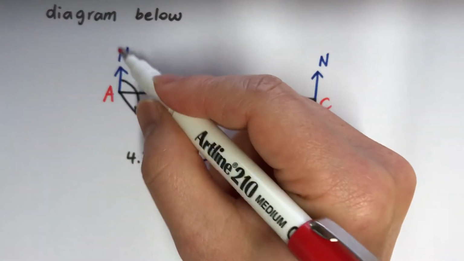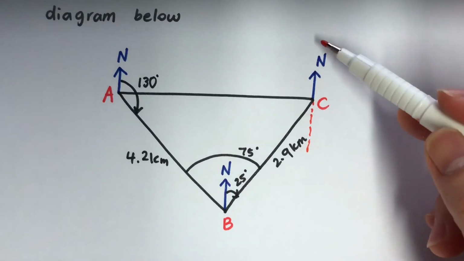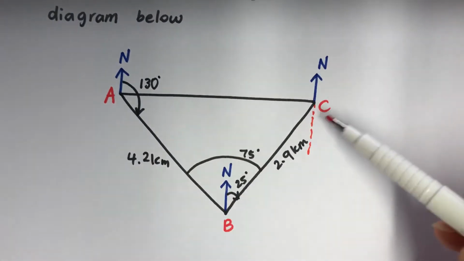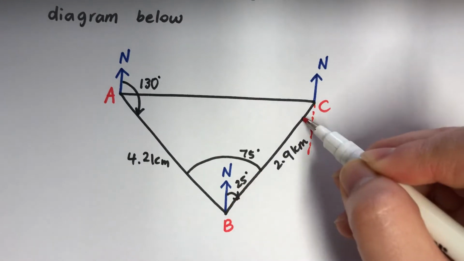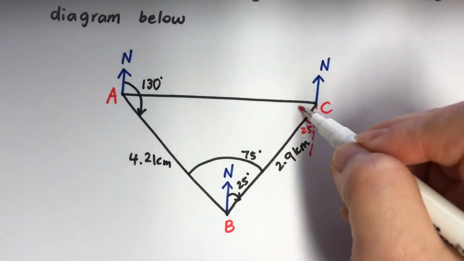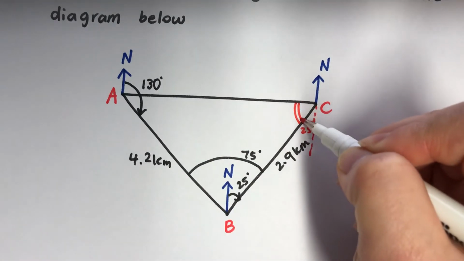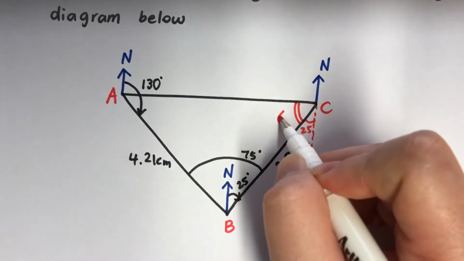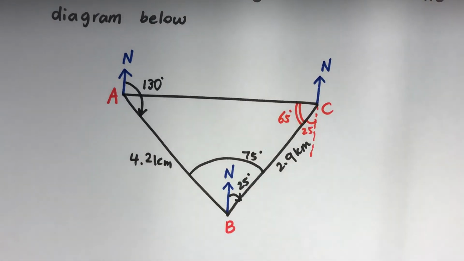All the compass lines pointing north have to be parallel to each other. So here, if it's 25, that has to be 25. Okay, so therefore, what's this going to be? That's a 90, isn't it? So it'll be 65. Yeah, so 90 take away 25 degrees, 65.